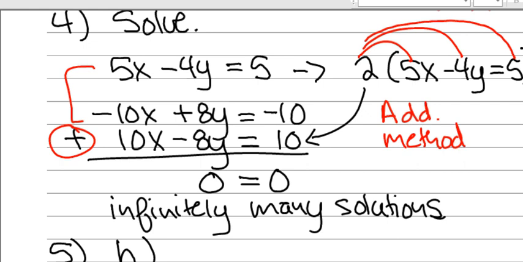When both sides are equal, it means that I have infinitely many solutions. And make sure you do write that down on your test. Make sure you write down infinitely many solutions or all real numbers. Either one I would take.